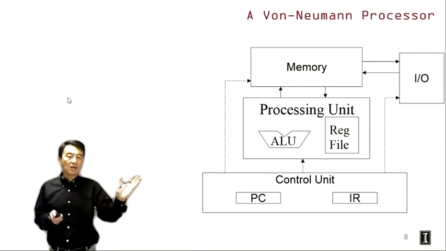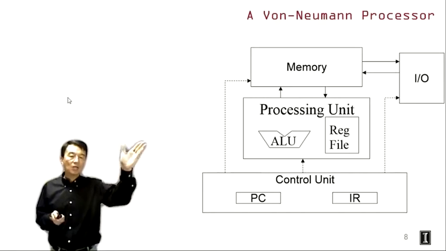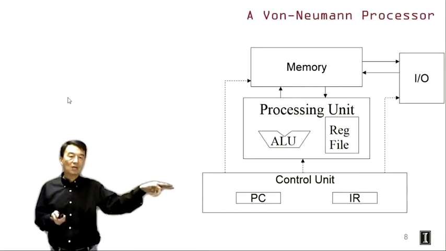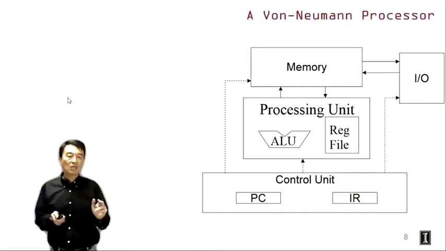And during the execution, some of the instructions will need to be able to access data, read or write data from or to memory. And that's indicated by the upward arrow and the downward arrow between the processing unit and the memory. So depending on the type of instruction, the execution will have activities in ALUs and register files and accessing memory and so on.